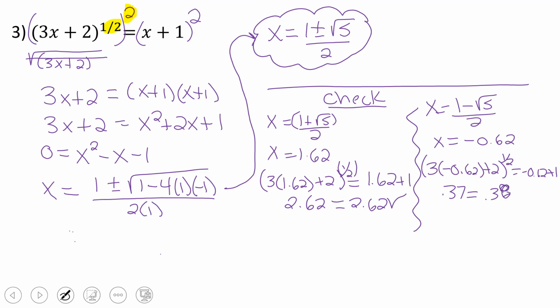Sorry, that's an 8. So even though those aren't exactly the same, we know that we rounded. So we're going to call this one good, because if you're off by 1/100th, it's probably due to rounding. If you're off significantly more than that, then that would be an extraneous solution. So here, both of these answers work, and so you'd have 2 solutions for this one.